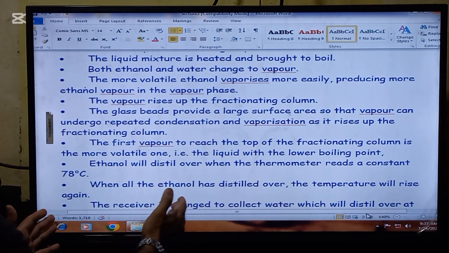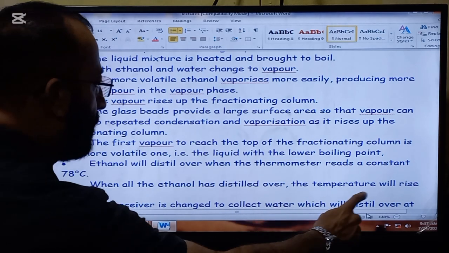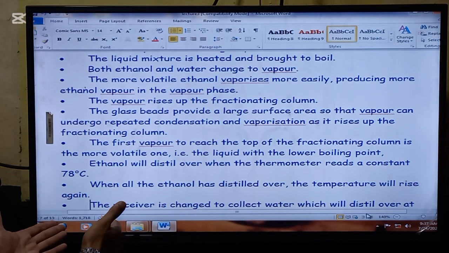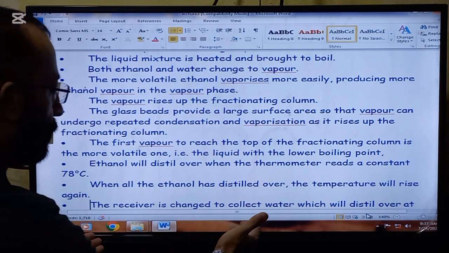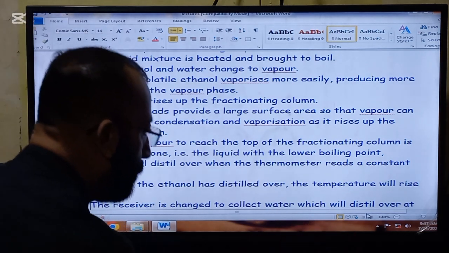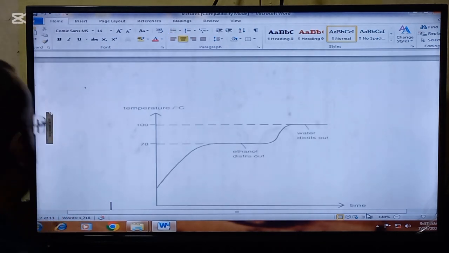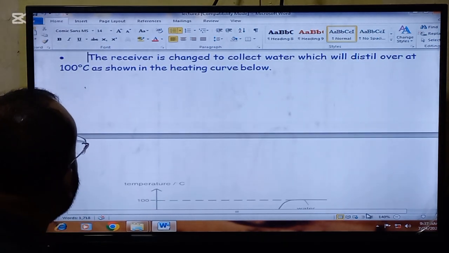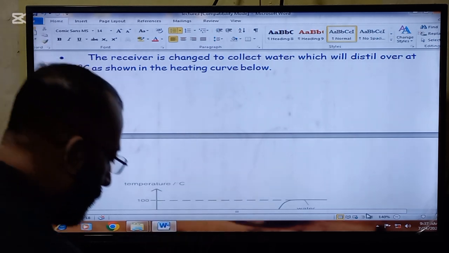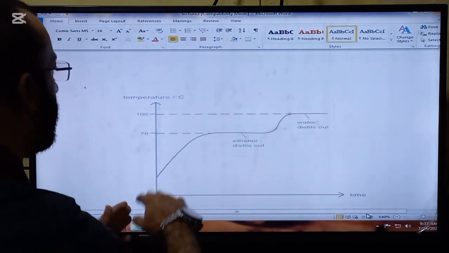So when all the ethanol has distilled over, the temperature will rise again, and now the receiver is changed to collect water, which will distill over at 100 degrees C as shown in the heating curve below. So this will be the heating curve.